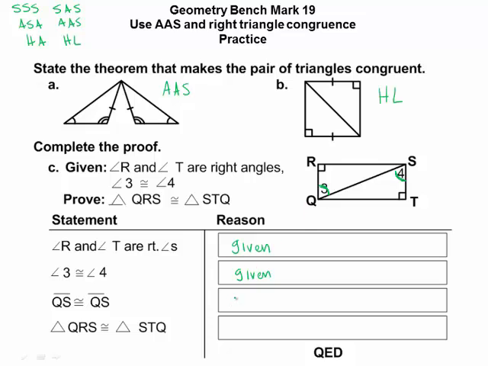QS is the same as itself, so that's reflexive. So the two triangles are the same because of hypotenuse and angle. But you could have also said angle, angle, side if you saw that one, and it would still be correct because you have congruent 90-degree angles and then another angle and then a side. So I would have accepted either of those.